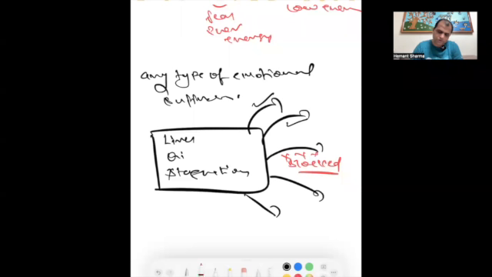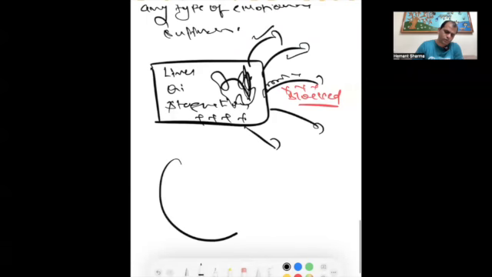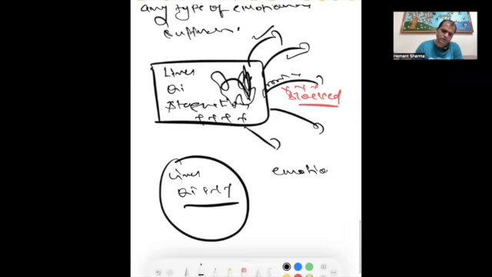Then this energy wants to move from here but is not able to move. The energy bubbles up and becomes excessive here. Then the liver chi becomes very, very high. Why? The reason is emotional suppression. Now this patient, male or female, has too many problems.